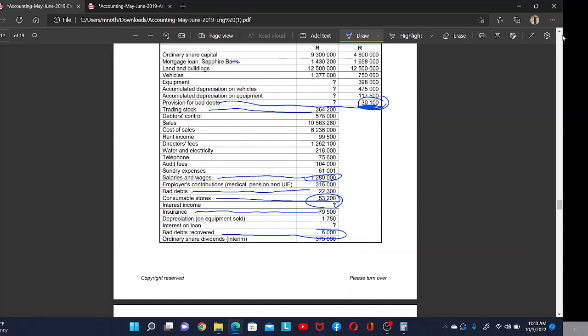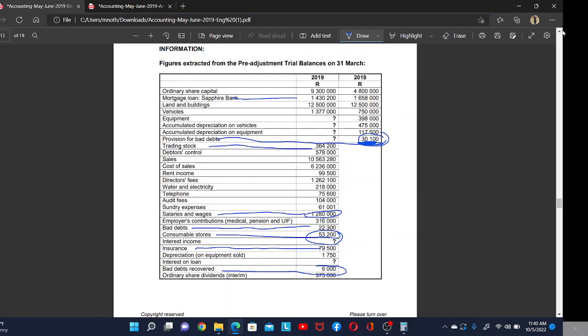So the market bond in 2018 was 1,658,000, and then in 2019 it is now 1,430,200, meaning that the business paid.